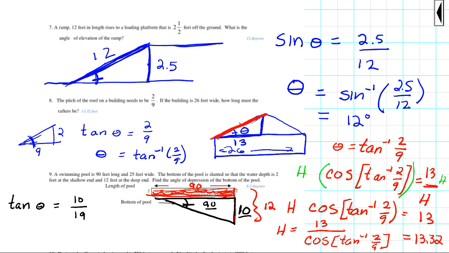So again, you use the inverse tangent so that the angle is equal to the inverse tangent of 10 over 90, not over 19. So we're looking for the inverse tangent of 1/9, which turns out to be 6.3 degrees.